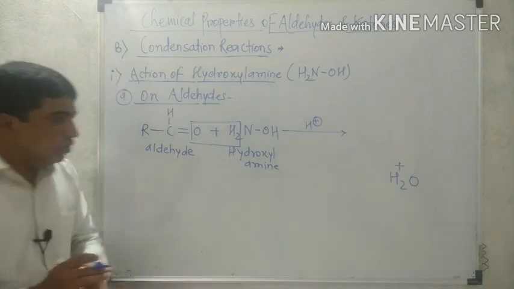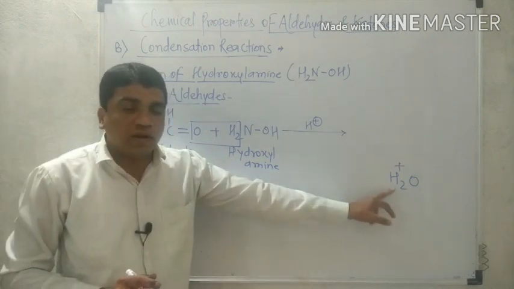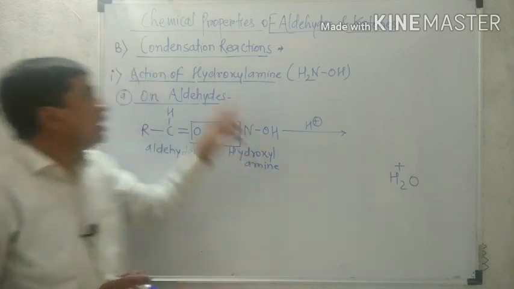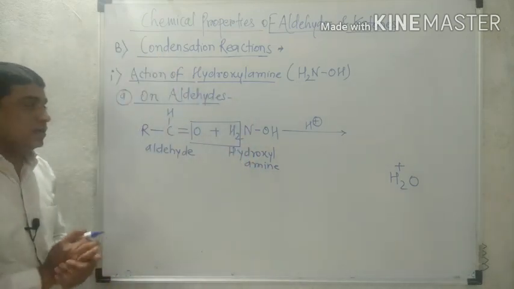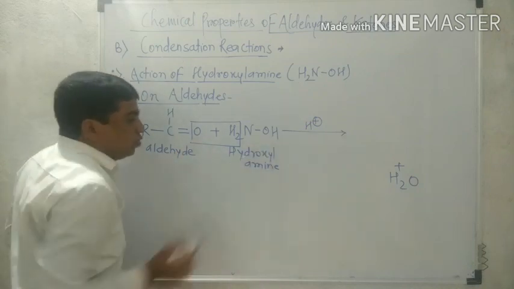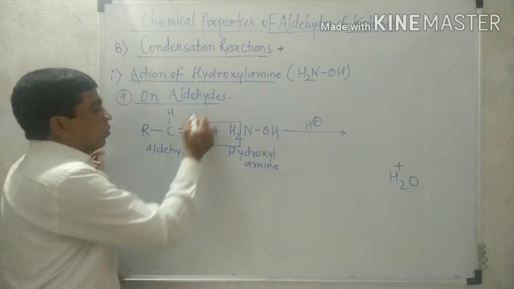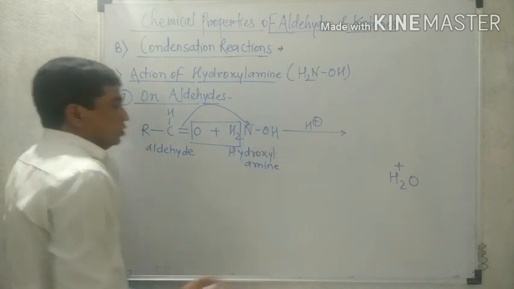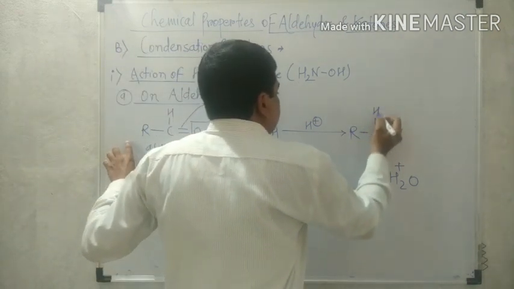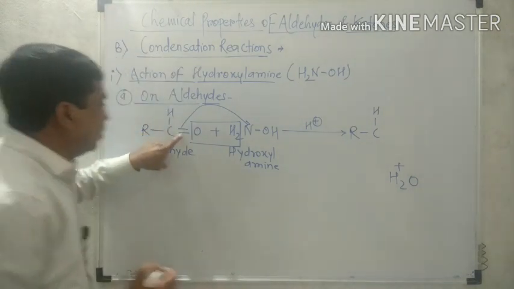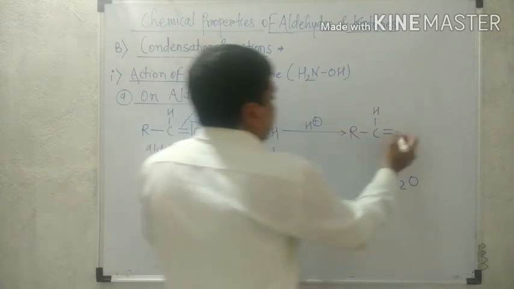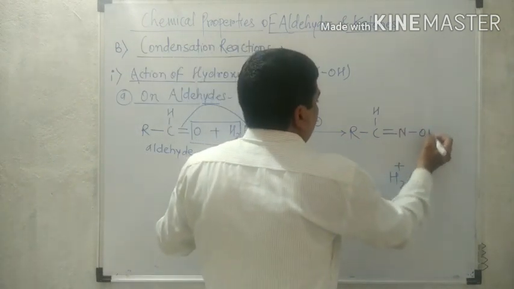Therefore, the reaction in which a small molecule like water or alcohol is obtained as byproduct is a condensation reaction. Here the oxygen combines with the H2, and the double bond of carbon is formed with nitrogen. So the remaining structure is RCH=N-OH.